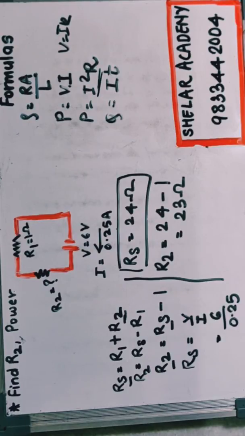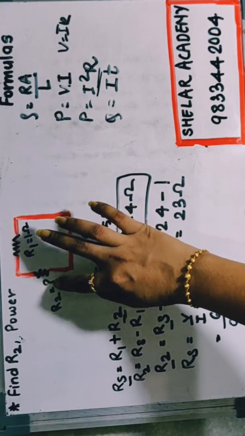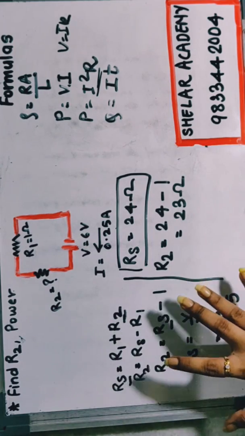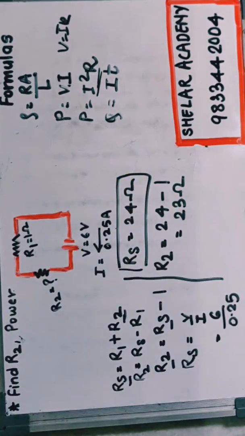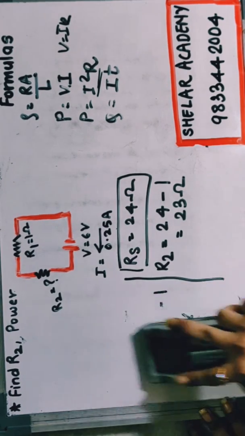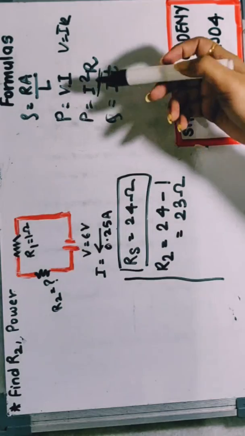Now, the only thing that we are supposed to find is the power across R2. That's what we're supposed to find. If we have to find power across R2, then how do we find it out? We have two formulas for power.